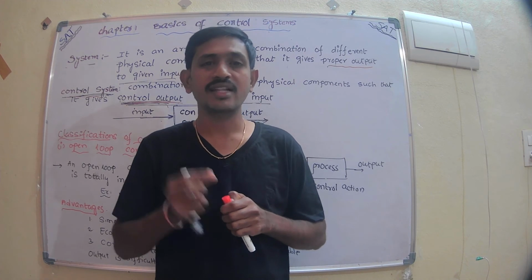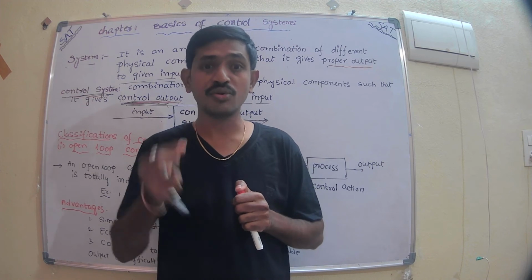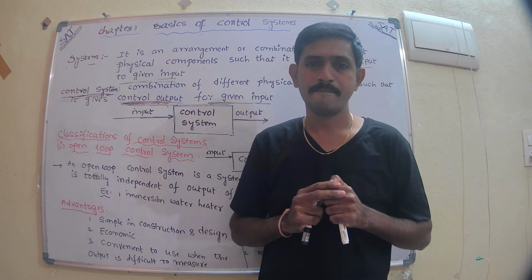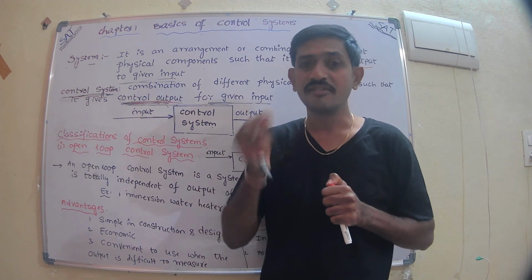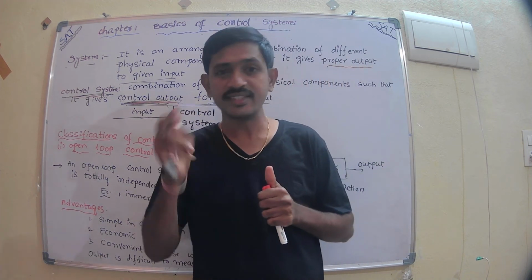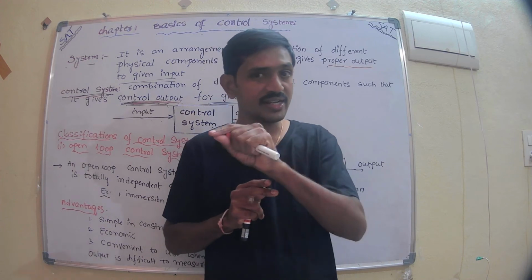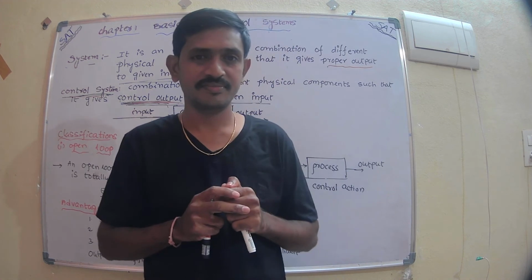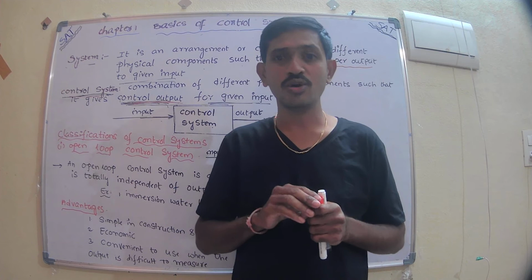Same example: the fan with blades and without regulator. Is it a control system? No. A fan without regulator is a system. The fan with regulator is a control system. So we can control the output according to our convenience.